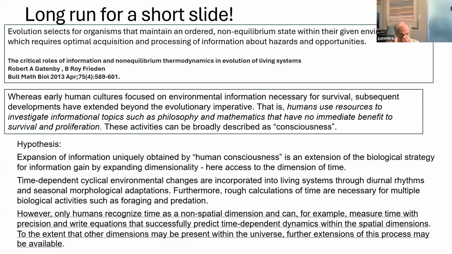So there's an additional dimensionality that's been gained over time, and because humans recognize time as a sort of non-spatial dimension and can, for example, measure time and write equations that successfully predict time-dependent dynamics within the spatial dimensions, this expansion of dimensions is something by which evolution allowed human consciousness to emerge, and its location is in some way based in the dimension of time.